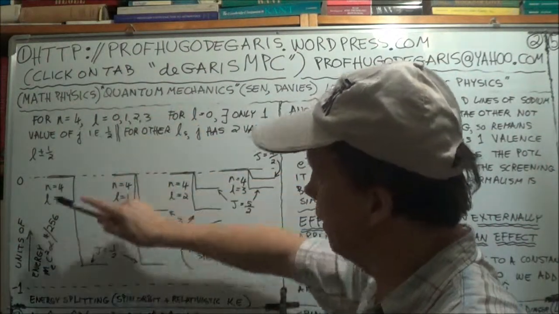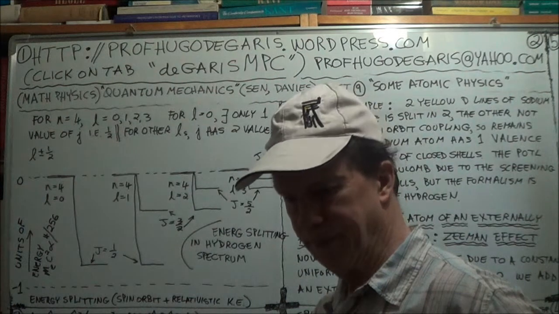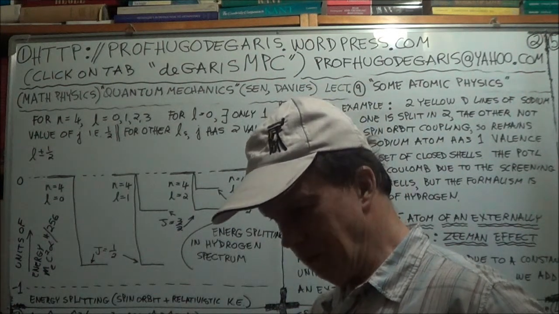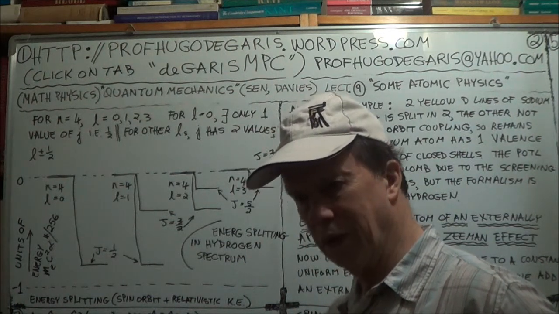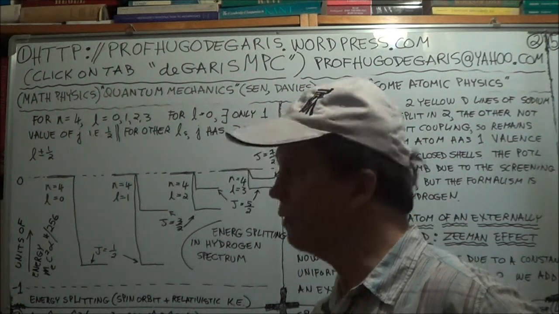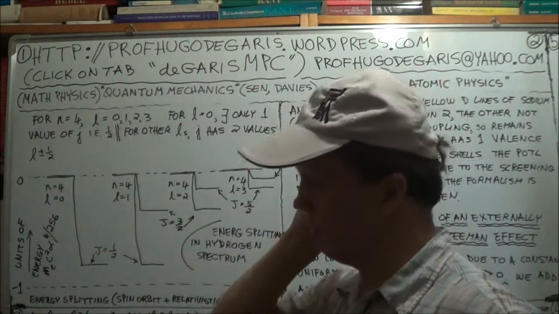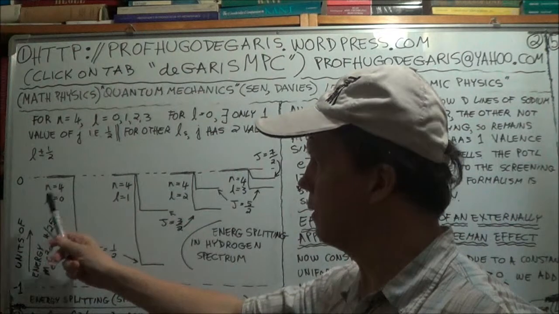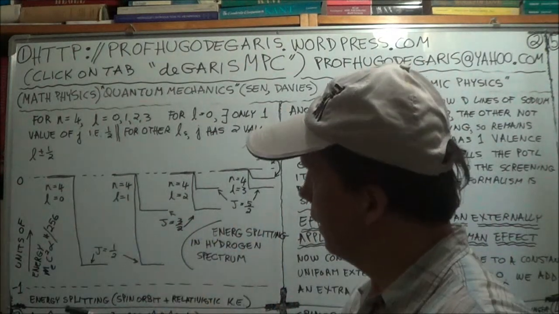Now, this is taking the case when n is 4, your atomic quantum number n for the energy levels, and for various values of L for the orbital angular momentum. So 0, 1, 2, 3. Four cases. Okay.